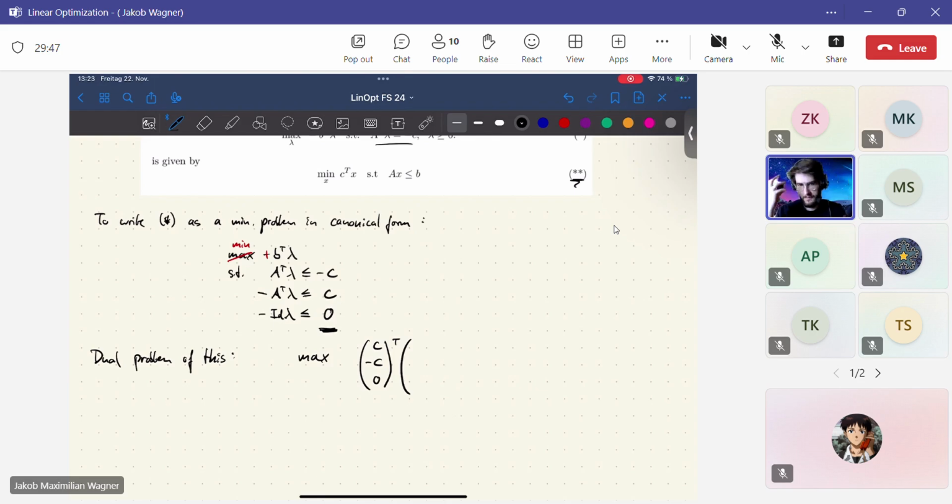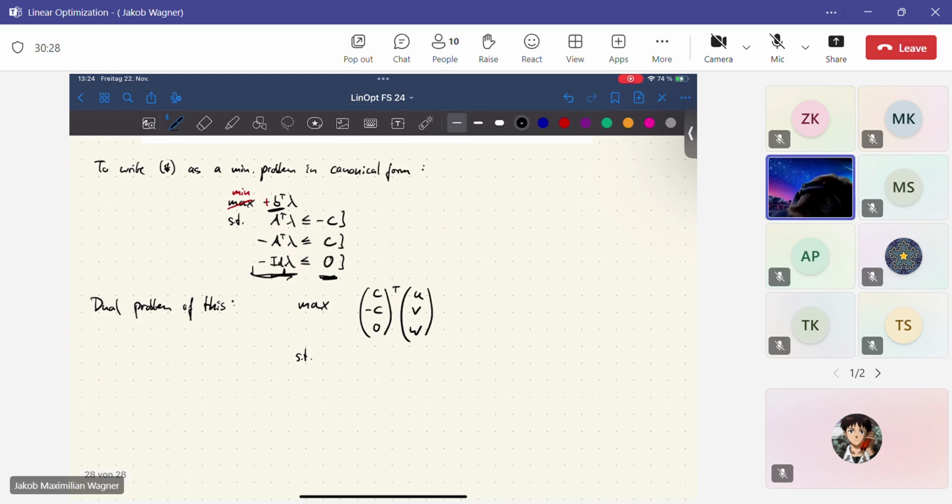times the new variables that are dual to this lambda. Because we have these three blocks of inequality constraints, we also have three groupings of dual variables, and we will call them u, v, and w. We have the constraint that the transposed matrix times these new variables u, v, w is equal to minus the objective vector of this original problem.